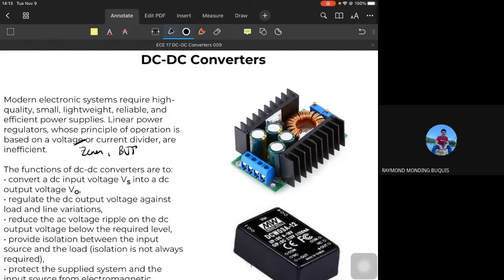So for these kinds of converters, the voltages they divide are dissipated to heat. So if their efficiency is 50%, then 50% of the power is converted or lost to heat.